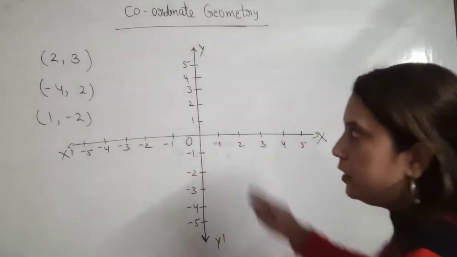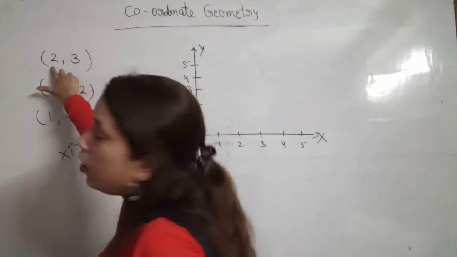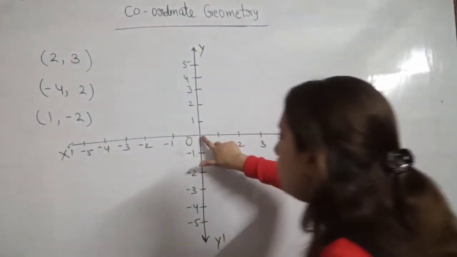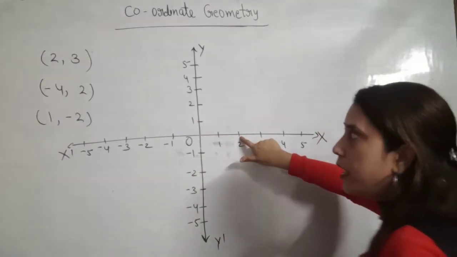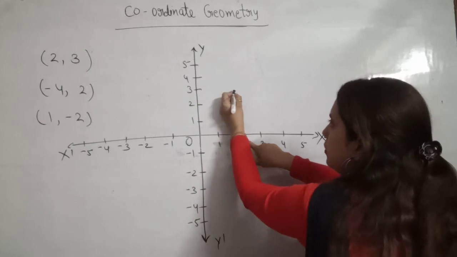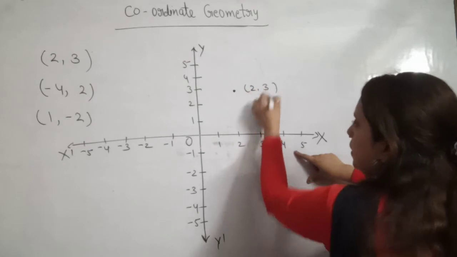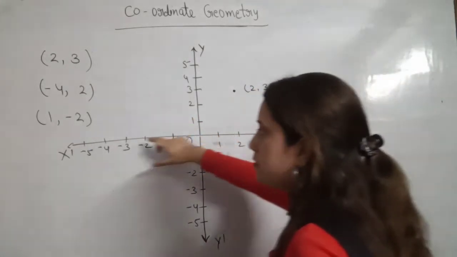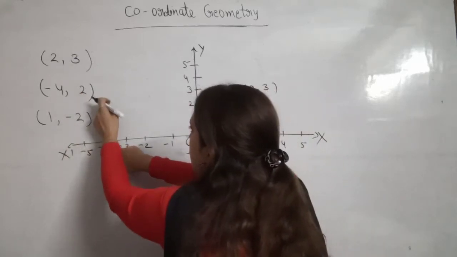Now plot the points. The first coordinate is 2, 3. It means on the x-axis we cover distance 2, positive on the right hand side, and y again positive 3. So this is the point 2, 3. Next, plot the point -4, 2. On the x-axis we cover distance -4 and for the y-axis positive 2.